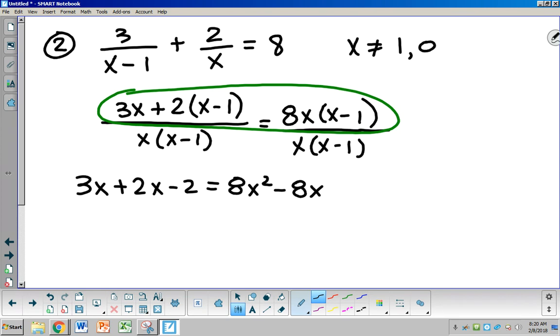And I'm going to move everything to the right-hand side because the square is positive over there. So this is going to be 0 equals, now on this side this is 5x, so I'm going to subtract 5x. So we get 8x squared minus 13x plus 2.